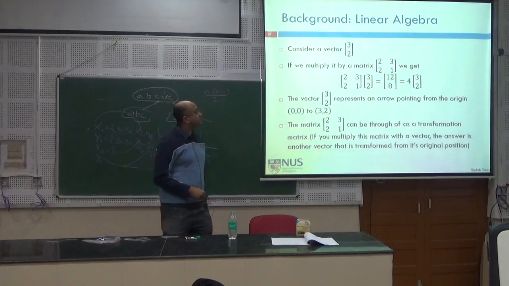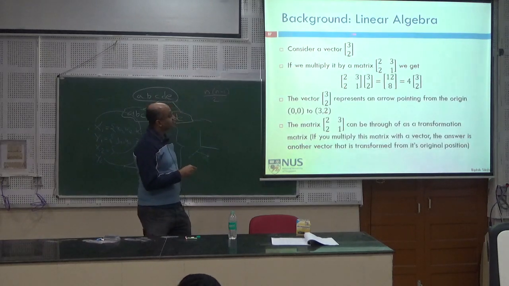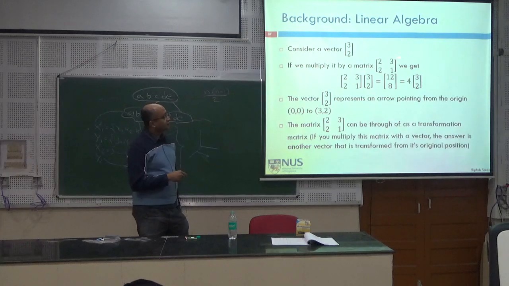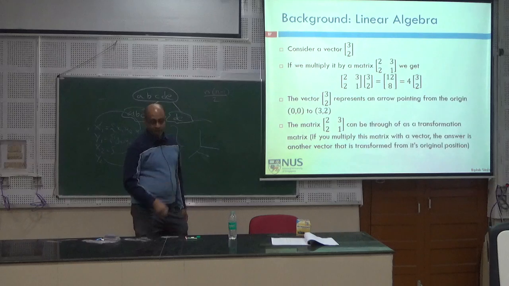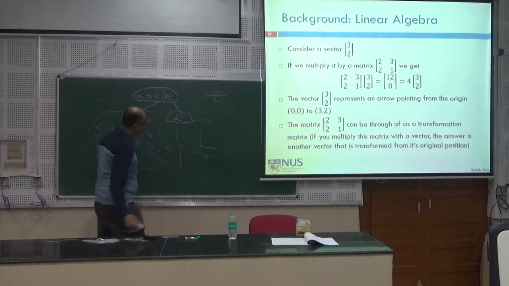But in some special cases, for example, consider this particular vector, 3, 2. Take the same matrix that we had before, so you apply essentially the same transformation. You multiply it, you get 12, 8, which I can write as 4 times 3, 2. So what happened now?